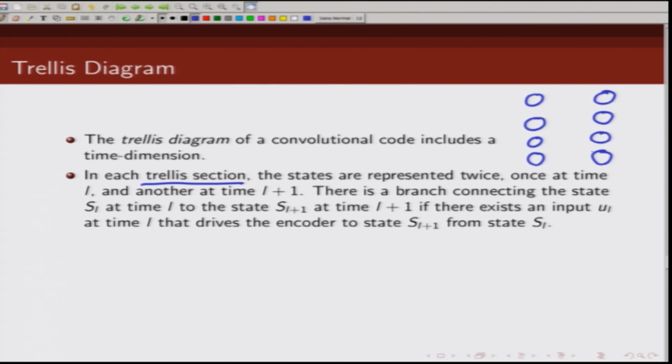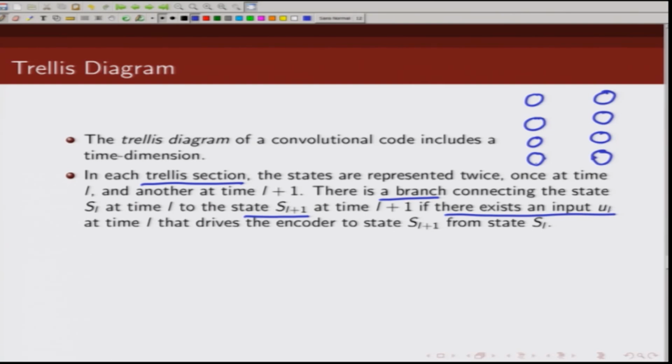Next, what I am going to do? I am going to add a branch connecting a state at time L to a state at time L plus 1 if there exists an input that will drive the encoder to state SL plus 1 from state SL.